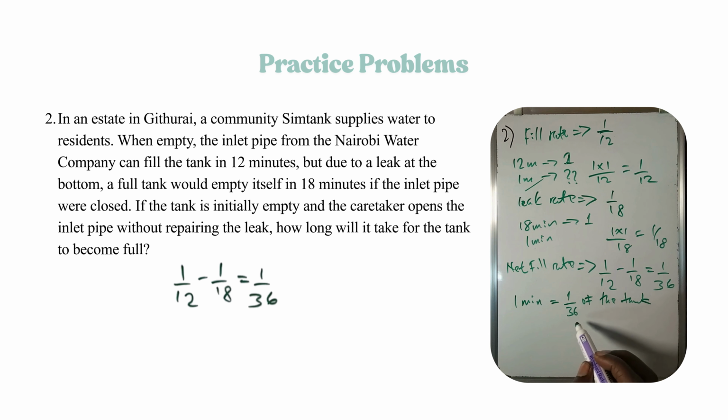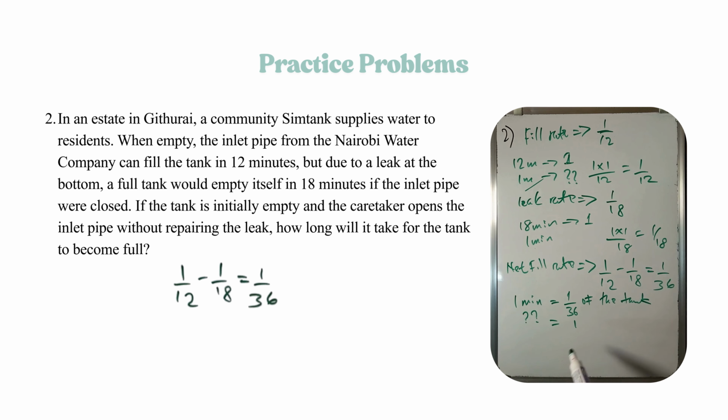In 1 minute it is 1 over 36. So how many minutes will it take to become full? To be full, we need 1. 1 represents a whole part. So 1 minute is 1 over 36 of the tank. Now the full tank is being represented by 1.